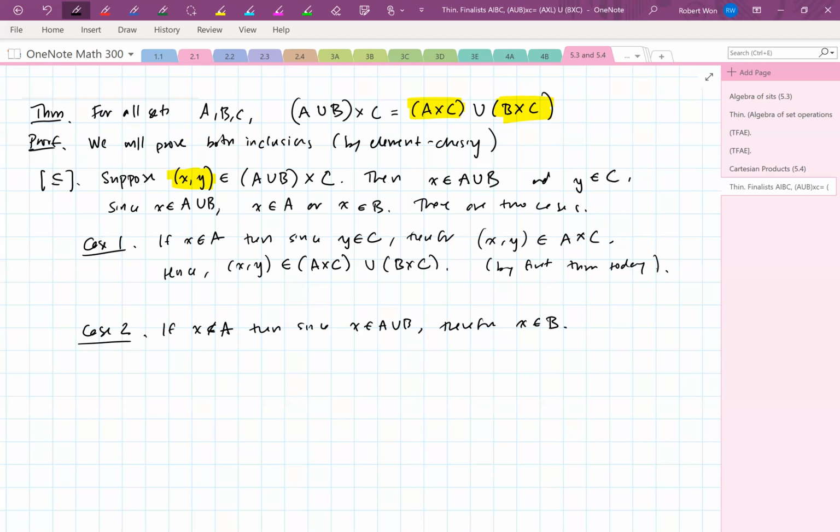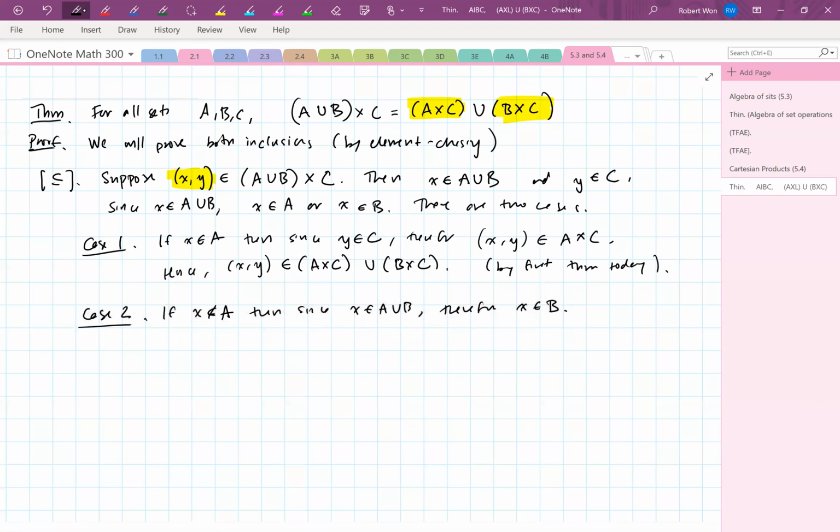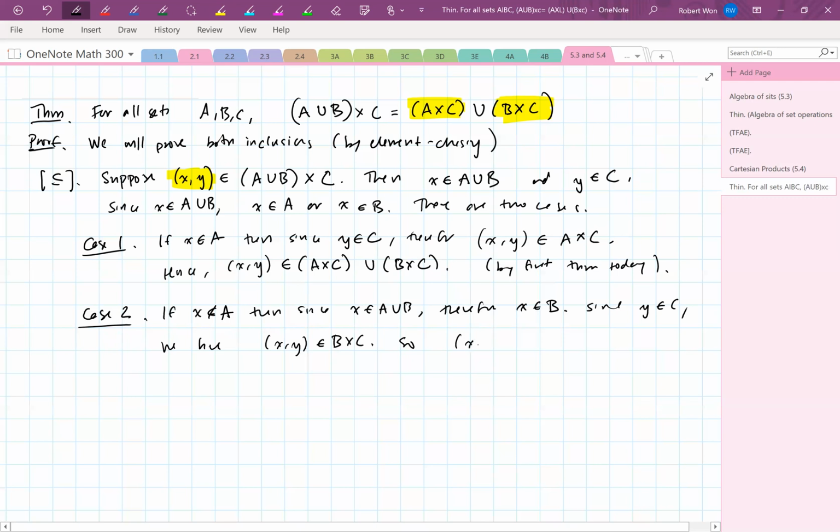Okay. Case 2, if x is not in A, then since x is in the union of A and B, it's definitely in B. And in this case, since y is also in C, we have that x comma y is in B cross C. So x comma y is definitely in B cross C union something else.